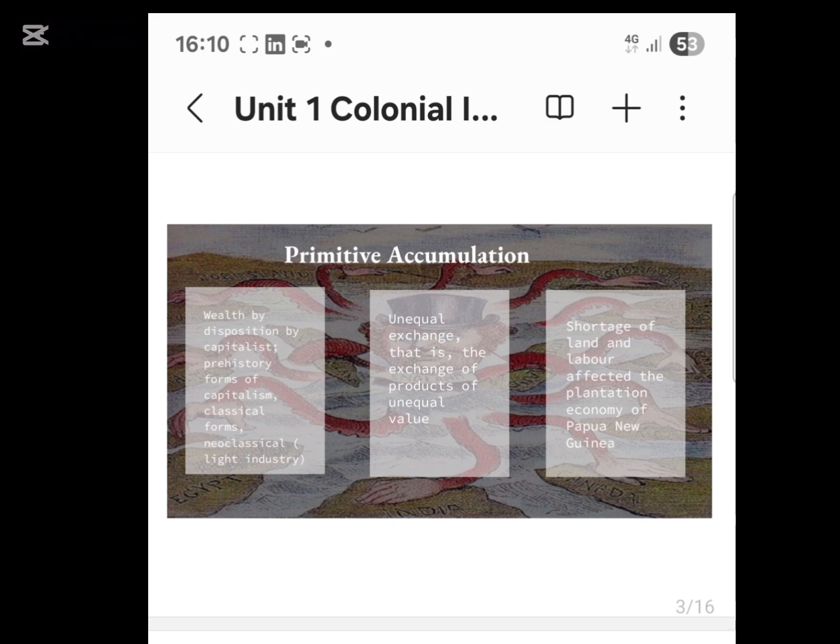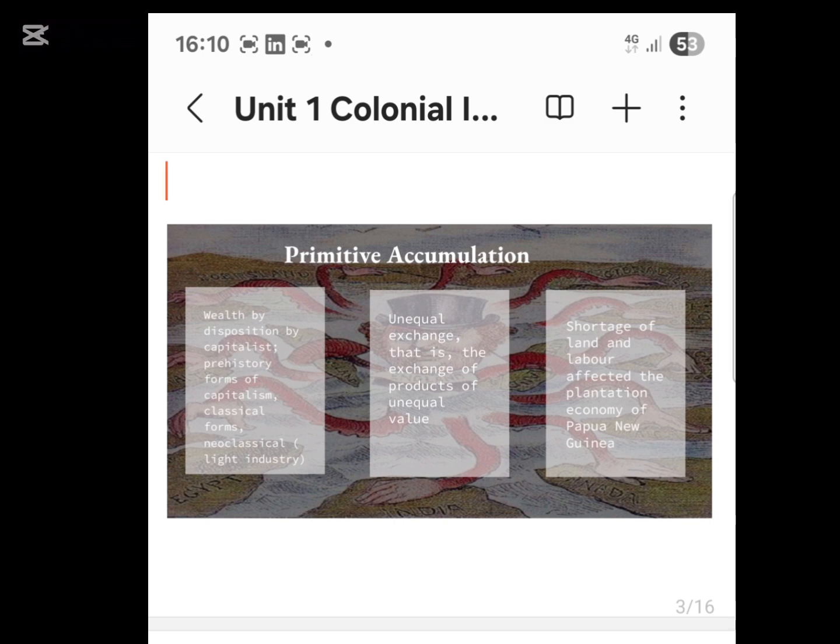Now, let's say for example, when multinational companies come in to extract natural resources from Papua New Guinea, our government, because they don't have the necessary technology and knowledge, is bound to go along with the multinational corporation, because the multinational corporation has the advantage in knowledge and technology.